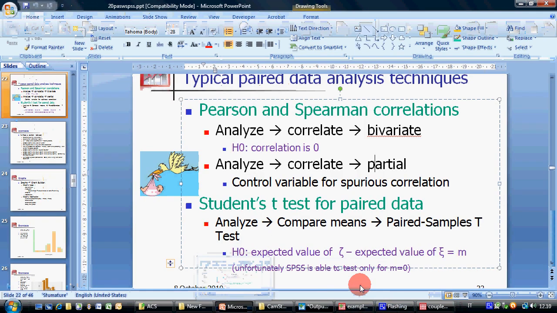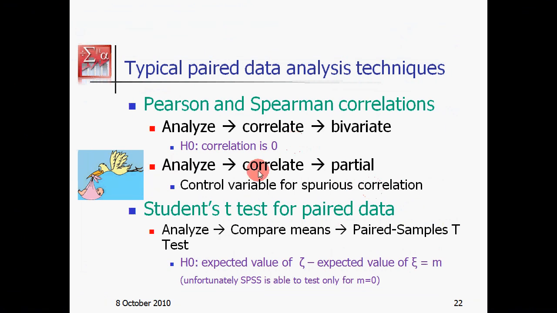There are, however, situations where this correlation can be influenced by a third variable, which completely screws up the correlation. I have this famous example depicted here. This bird is, I think, a stork, the name in English, and some people claim that it carries children.